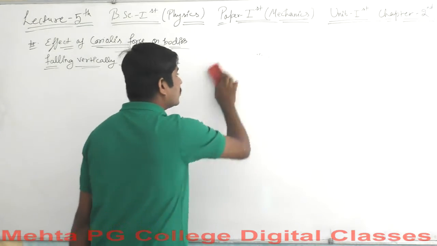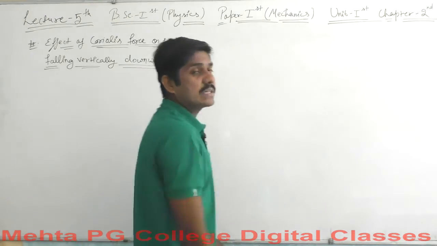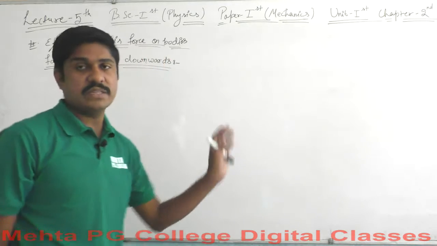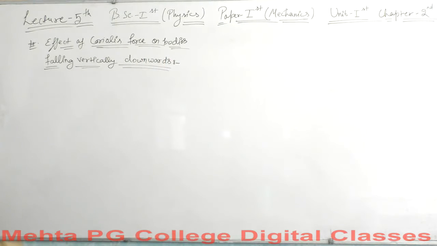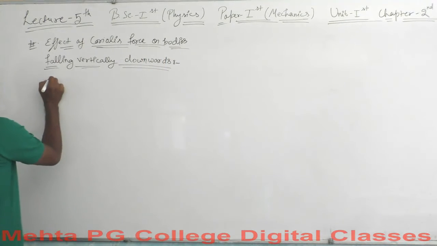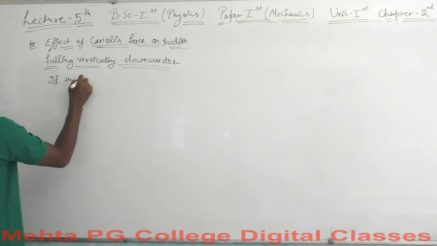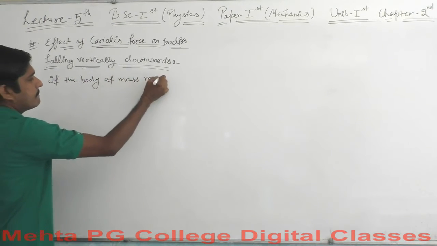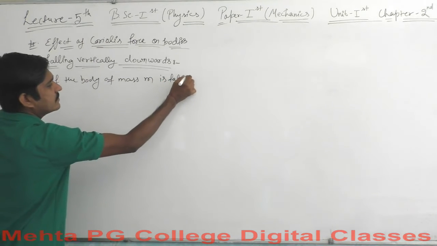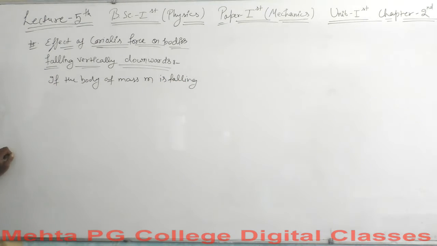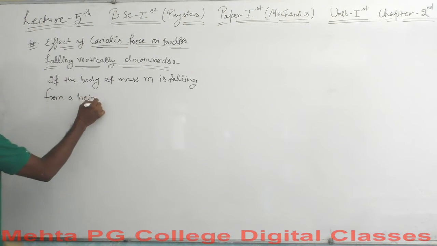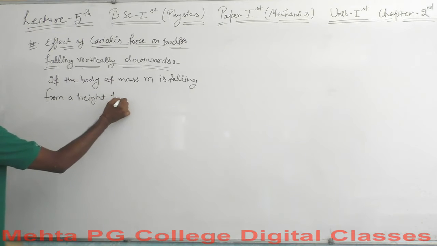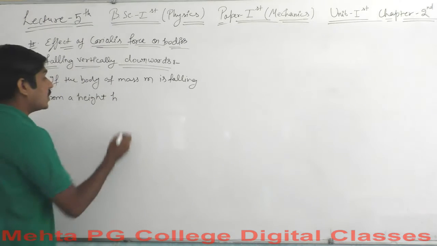We do not need the figure any longer, although we have one, but it will certainly be different from this. The body of mass m is falling from a height h, and falling due to what?